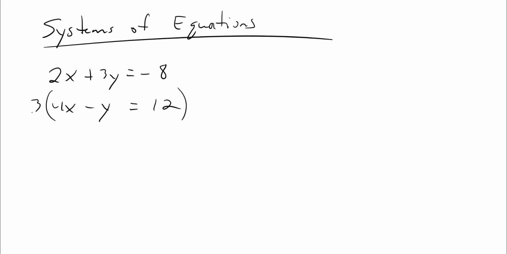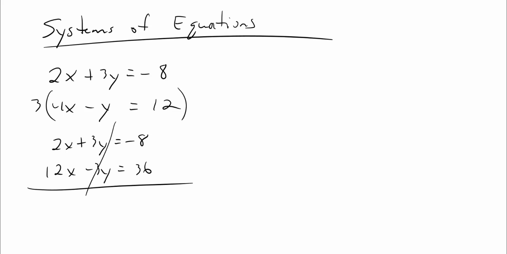That would have worked out as well. Either one, but you've got to get rid of one of the variables using the elimination method. So that gives me 2x plus 3y equals negative 8, and 12x minus 3y equals 36. So this cancels, and I get 14x is equal to 28.